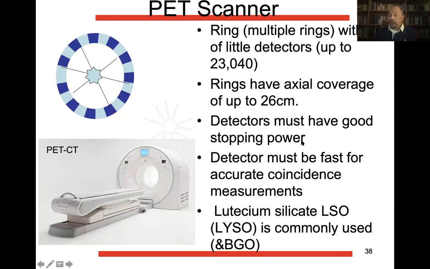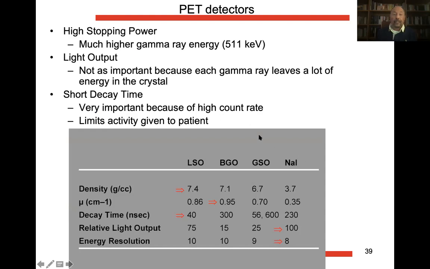They must have good stopping power. They must be fast for accurate coincidence measurements. And these days, normally you use LSO together with the BGO scintillator. So you see the typical PET detectors have high stopping power, light output, and short decay time.